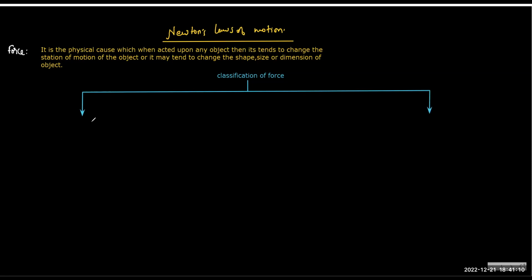So the first classification is called based on system. So what is the meaning of based on system? For that you need to understand what is system. So first let me write down.